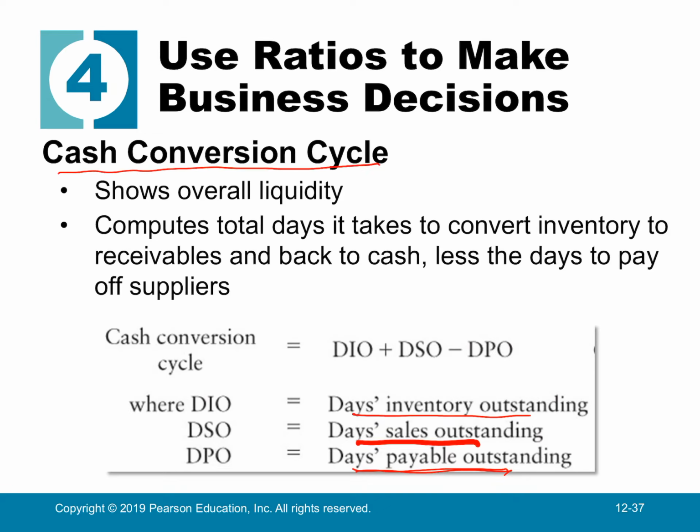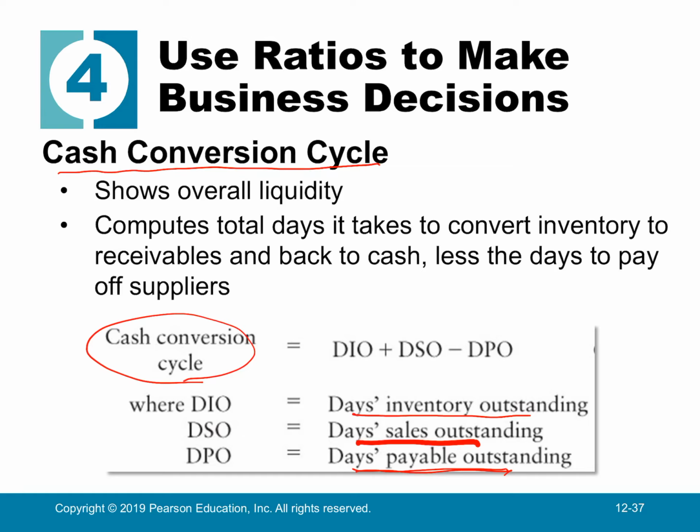So if you think about the cash conversion cycle intuitively, think of it like this. If I'm Best Buy, how long does it take me to make a purchase of inventory, put that inventory on my shelf, and then collect money from my customer for that inventory? That's cash conversion. From the moment I spend cash until the moment I collect cash is my cash conversion cycle.